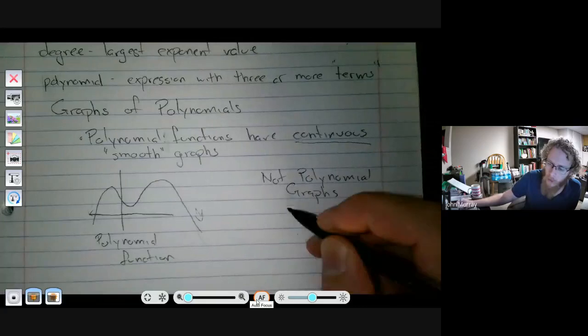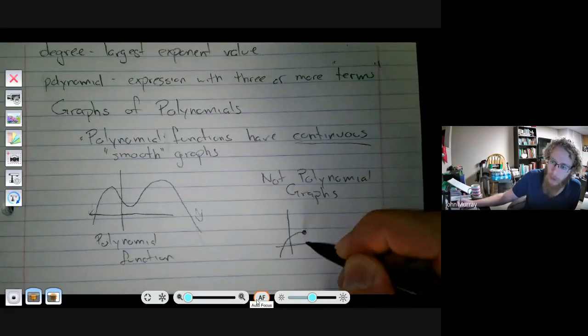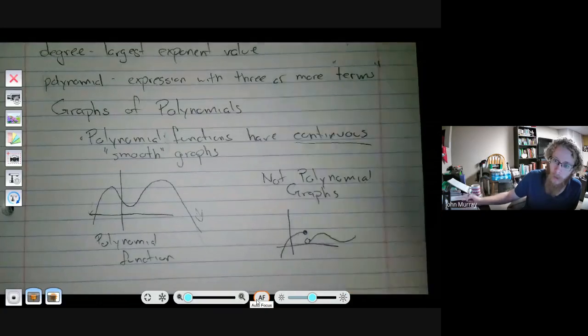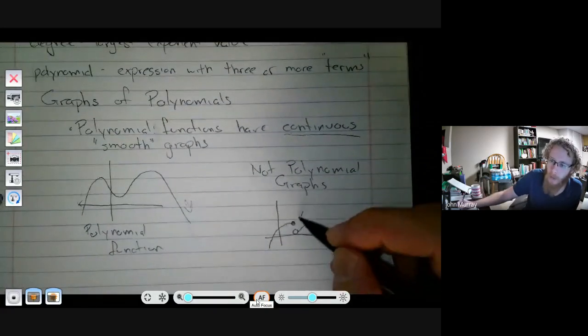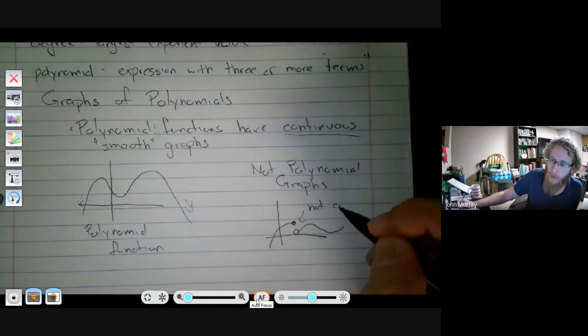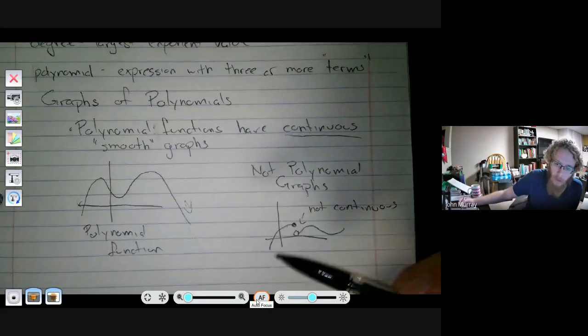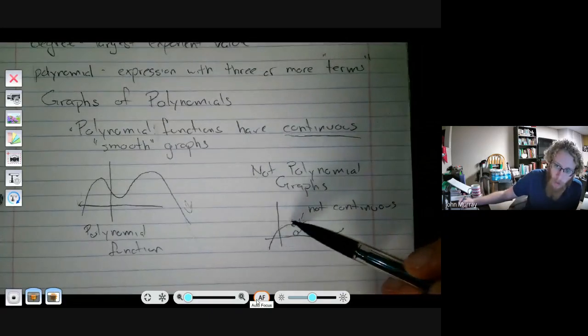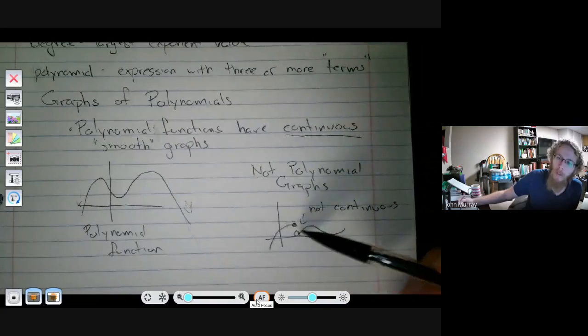Okay, so here are two graphs that are not polynomial graphs. If you have something that looks like this, this is not a polynomial because it's not continuous. If I had to draw this, there's no way that I can get from here to here without lifting up my pencil.